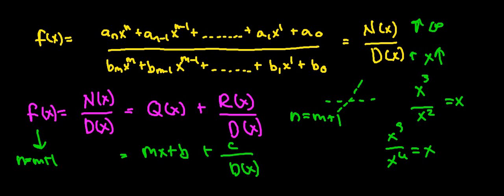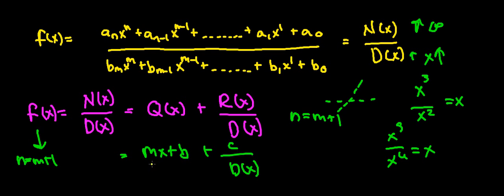But bringing this back to asymptotes, when we were talking about horizontal asymptotes, we wanted to know what happened as x went to infinity. And this is the same here. We want to know what happens when x goes to infinity.